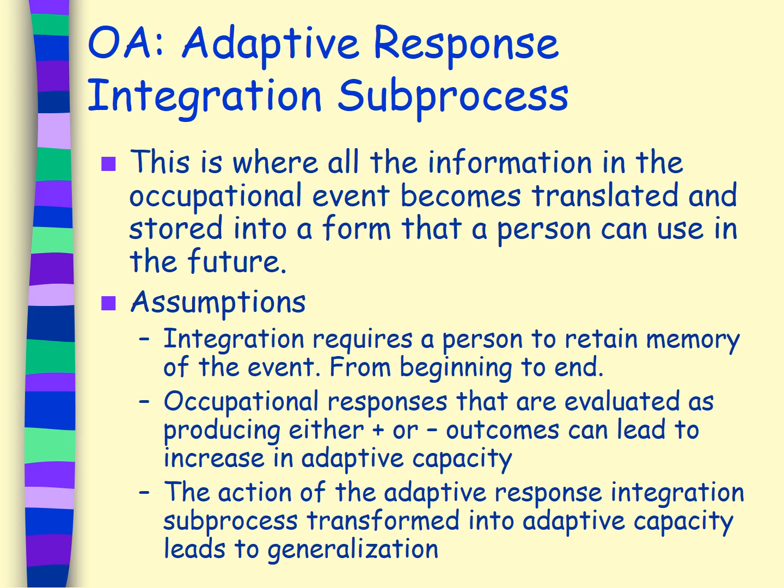When we look at the adaptive response integration subprocess, now this is on your diagram on the far left side. This is where all the information from the occupational event becomes translated and stored into a form that a person can use in the future. So what we assume here is that there's some sort of integration that requires the person to retain their memory of the event from beginning to end.